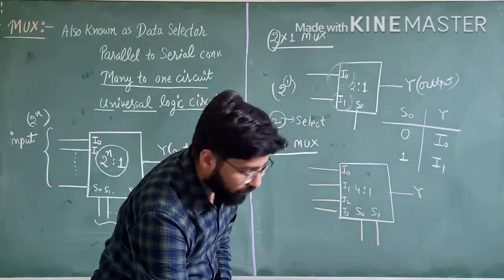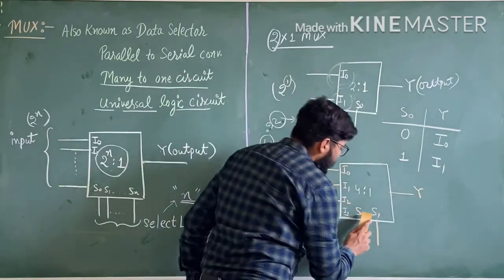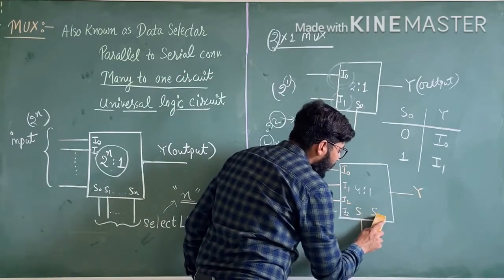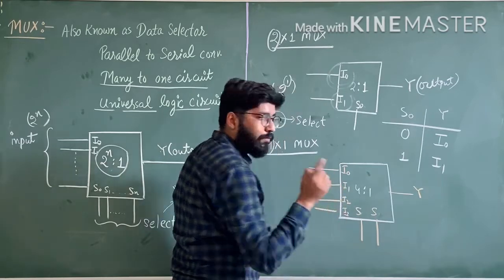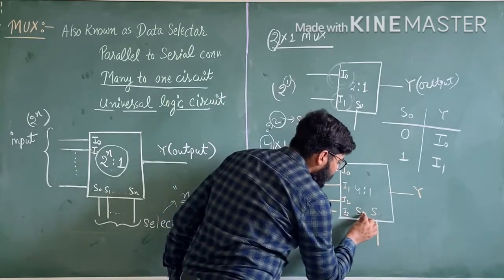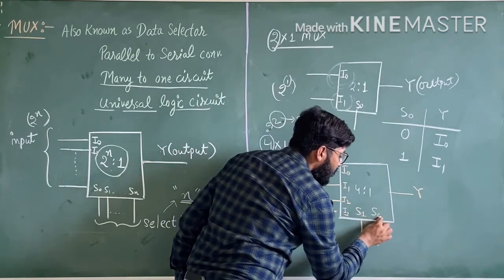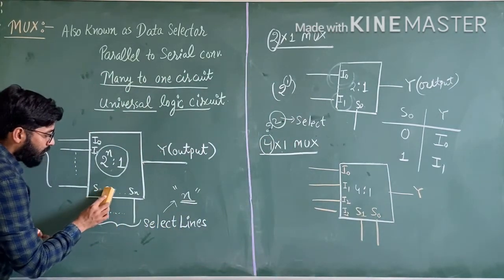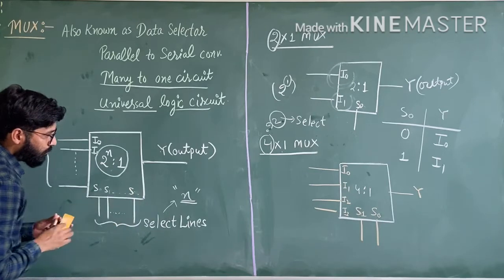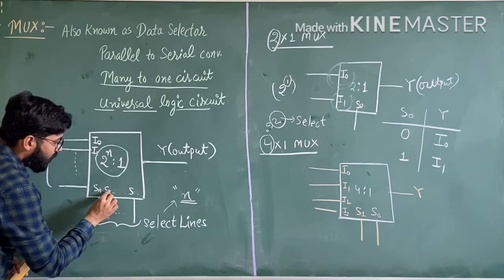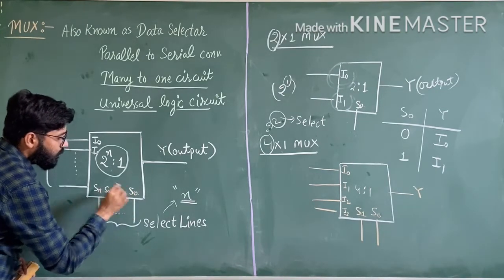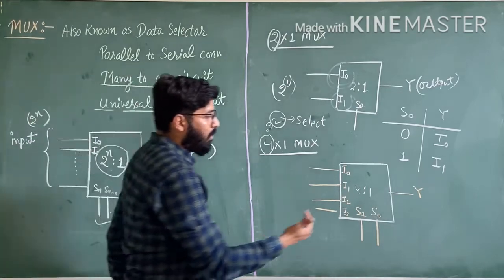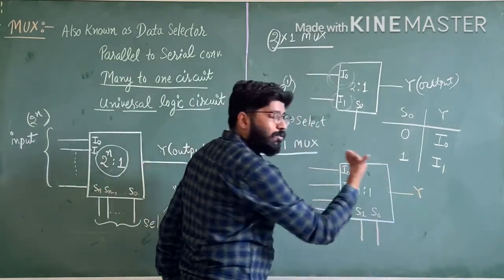Now you have to keep one thing in mind: if you have two select lines, this is S1 and this is S0. You have to correct it here also. This is S(n-1) down to S0, because we have to move from the least significant bit to the most significant bit.